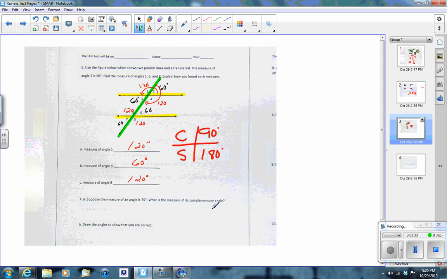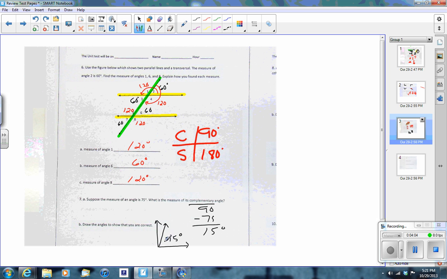If we've got 75 degrees and we're looking for the complementary angle, take 90, subtract the 75, and you get 15 degrees. That's the complementary angle. It says draw angles to show that you are correct. If you had to do that, you could start off with a right angle, and you've got 75 degrees, so something probably about like that.